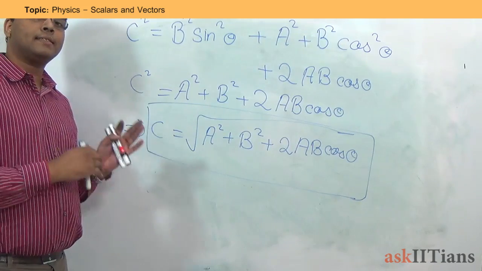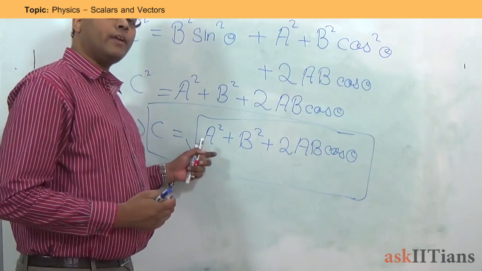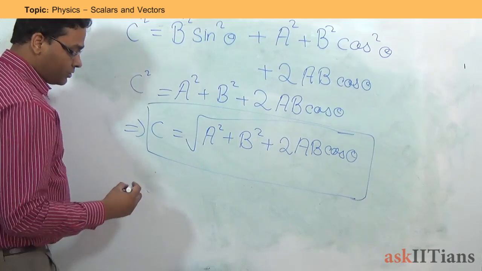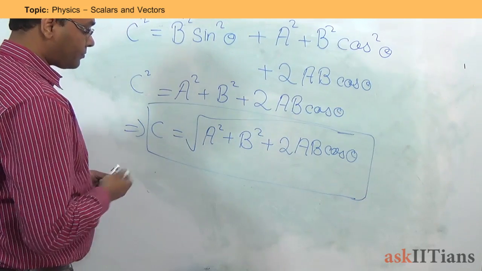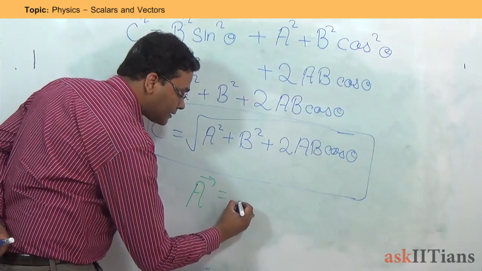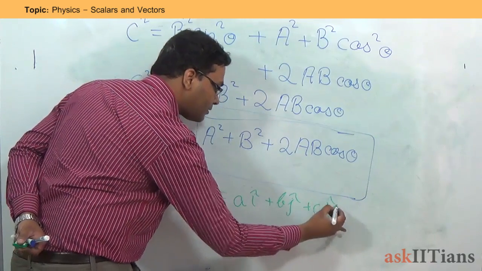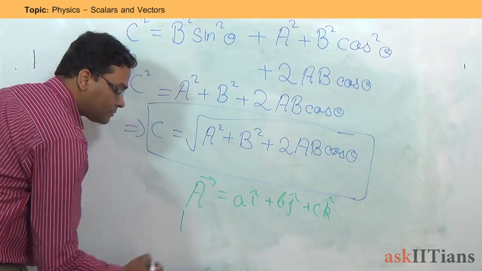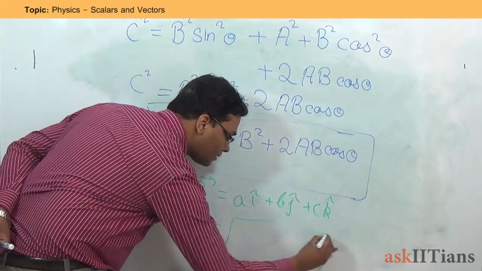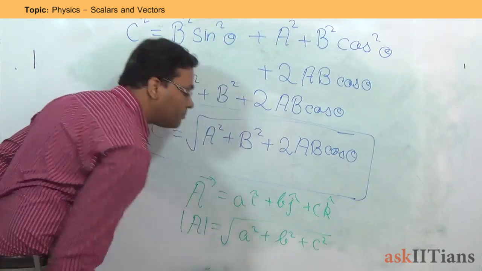So this is what is known as the triangle law of vector addition. Okay? So if you know the vector A, you can find out its magnitude. How to find the magnitude, I haven't told you as yet, so let me tell you that as well. If I am given a vector A, which is given by something like A i cap plus B j cap plus C k cap, in that case its magnitude is going to be given by square root of a square plus b square plus c square.